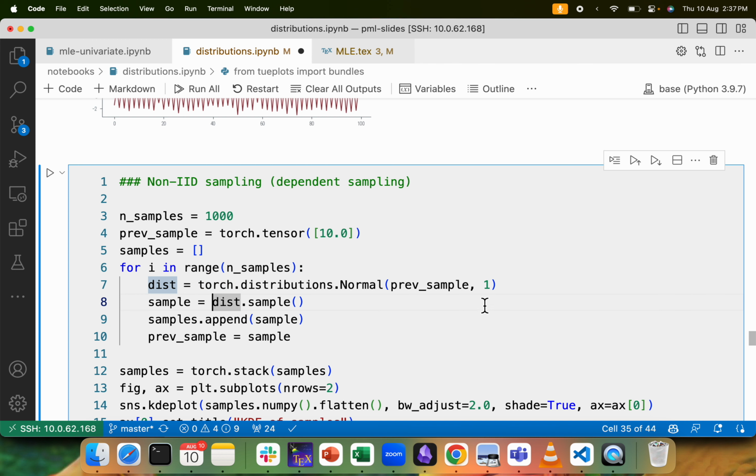Not for this distribution, because it has a variance of 1, and you're trying to get a sample from a normal distribution. This question boils down to: if I have a normal distribution with mean 0 and standard deviation 1, will I get samples of 0, 0, 0, 0, 0, 0? No.